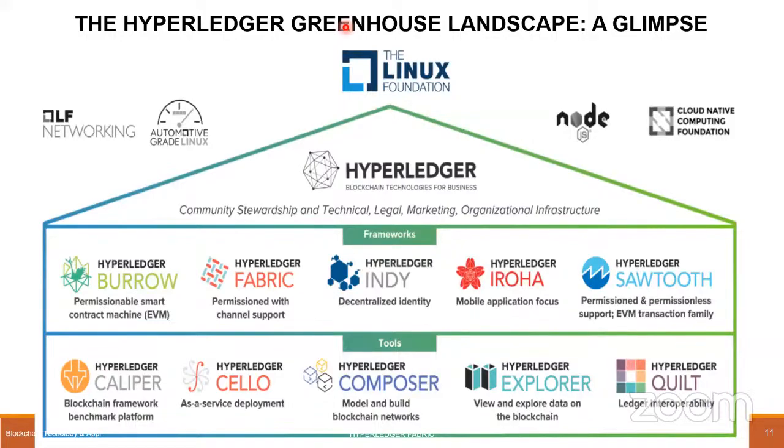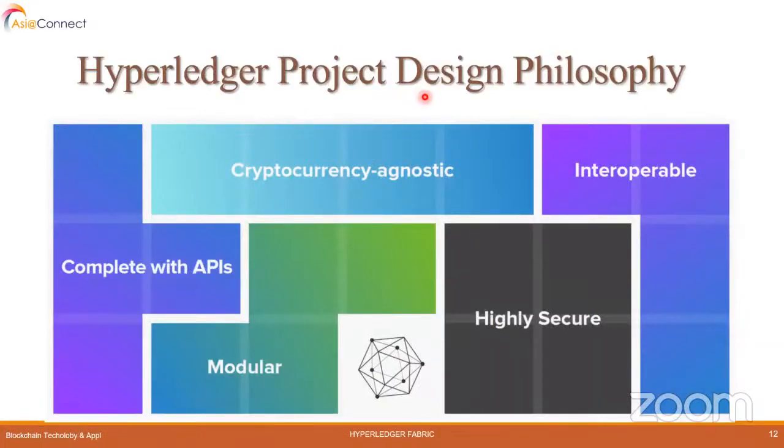Coming to the Hyperledger project design philosophy, the idea is to create projects which satisfy these 5 design principles. First of all, you must have seen that Bitcoin or Ethereum blockchain require cryptocurrency exchange.